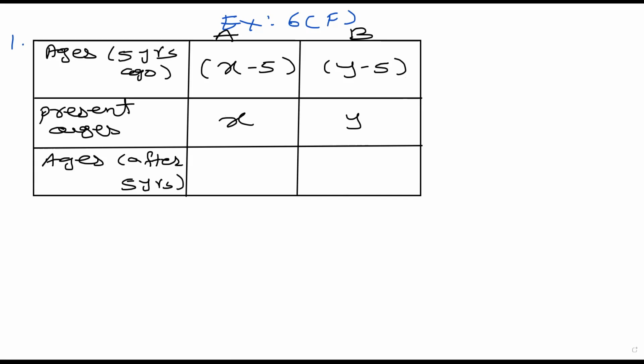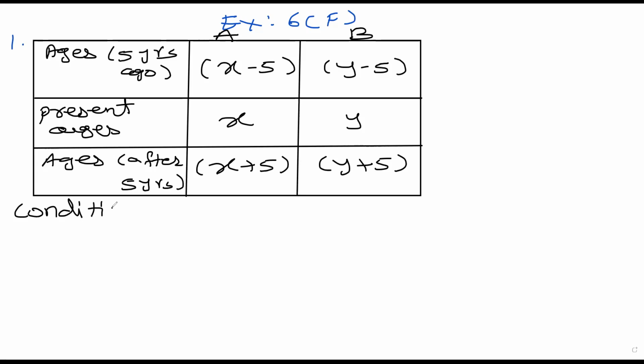And then 5 years hence, obviously A's age will be x plus 5 and B's age will be y plus 5. Is this table clear?